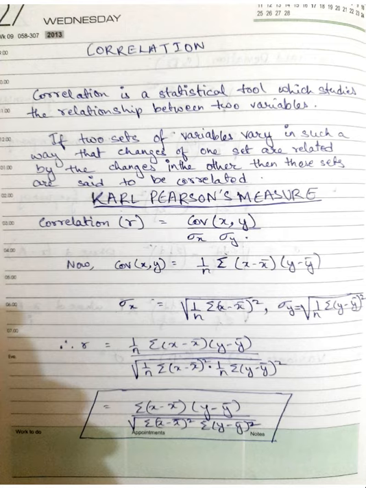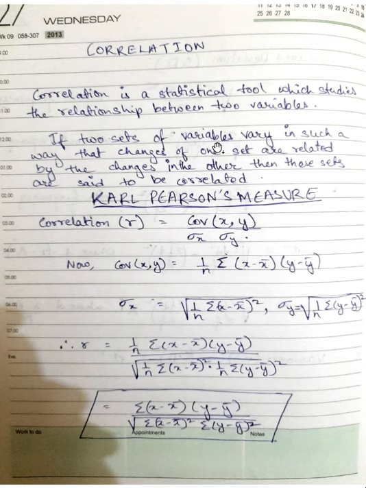We stop here with standard deviation and start a new chapter today, that is correlation. So what is correlation? Correlation is a statistical tool which studies the relationship between two variables. If we have two sets of variables and the change in one variable is causing a change in another variable, then we say that the variables are correlated.